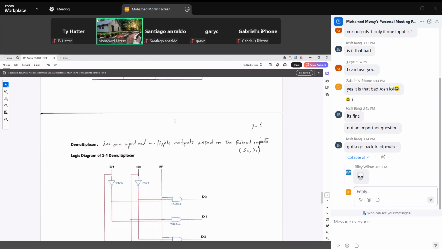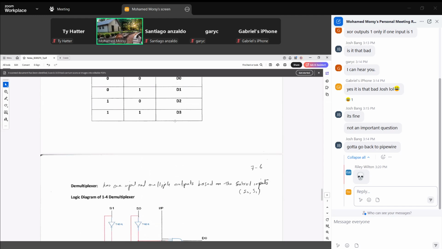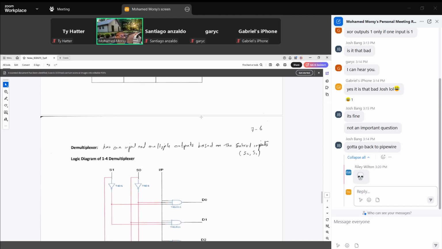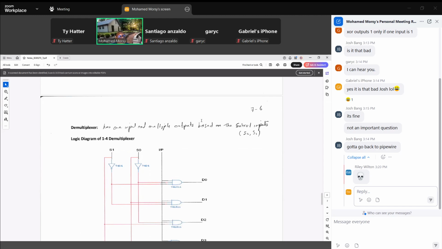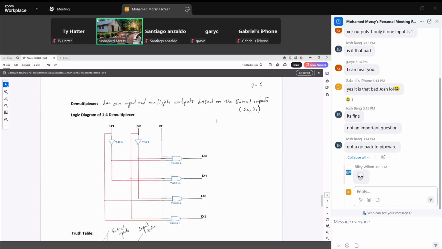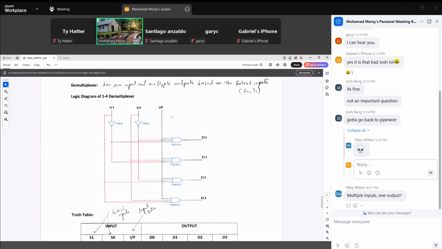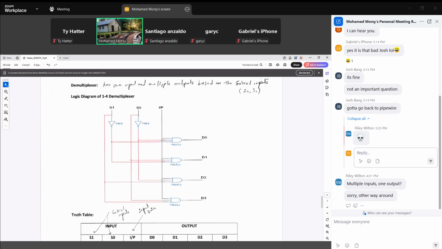Okay. So for the multiplexer, we mentioned we have multiple inputs and one output. So what do you think for the demultiplexer? In a demultiplexer, we have one input and multiple outputs, so this single input appears at one of the outputs.